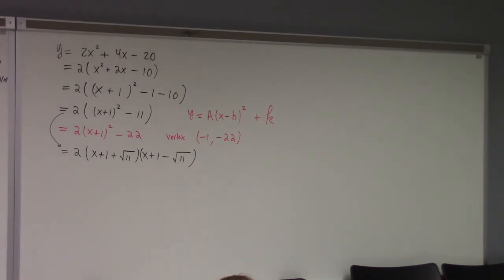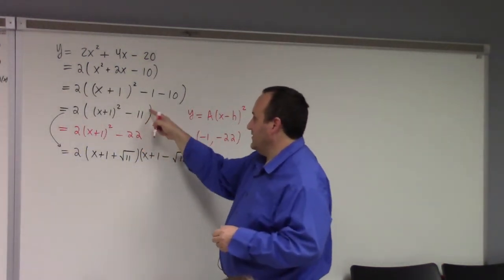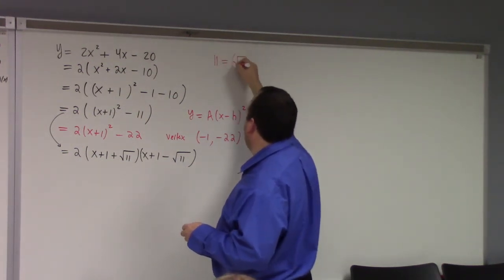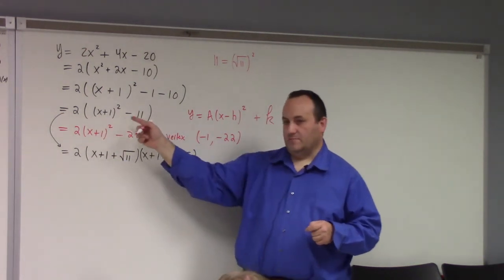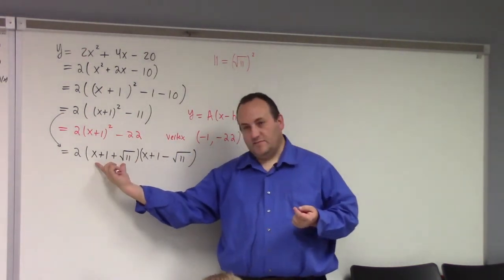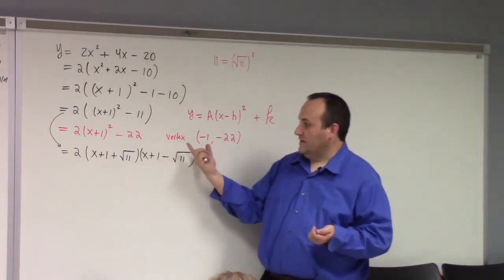I'm making a mental adjustment here: this 11, I'm thinking of as the square root of 11 squared. So then I've got a squared minus b squared pattern, which gives me a plus b times a minus b. Anyway, the point here is simply this.